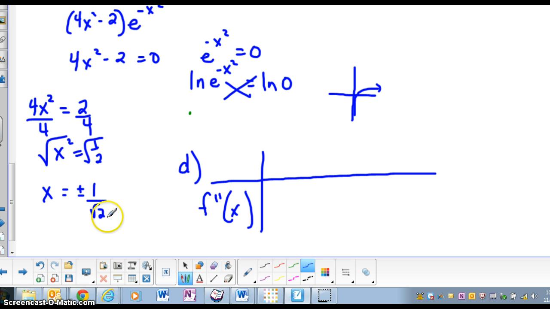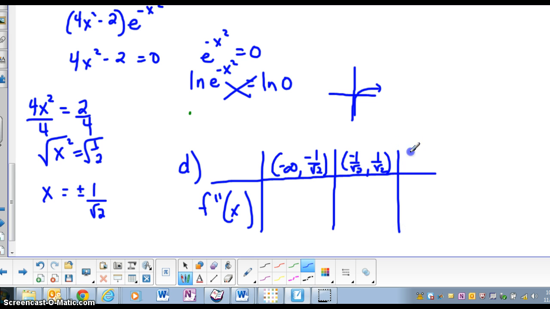It's our least, so we'll go from negative infinity to negative 1 over square root of 2. Our next one is 1 over the square root of 2. So our next interval that we'll test is negative 1 over square root of 2 to 1 over square root of 2. And our last one would be 1 over the square root of 2 to infinity.